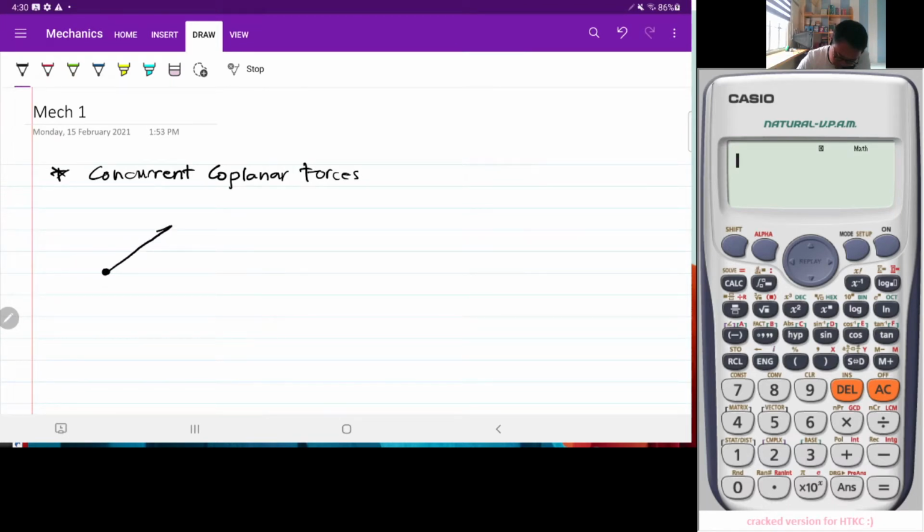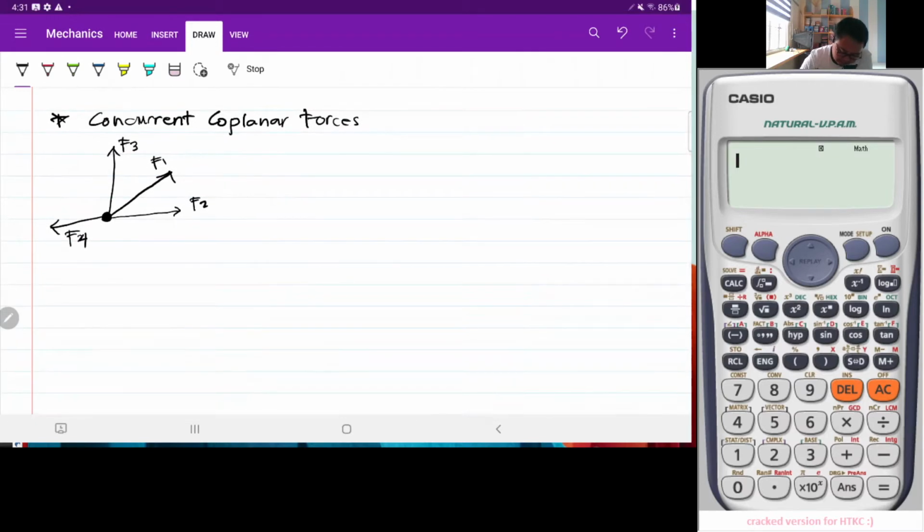So, for example, this is F1 for force 1, this is F2, this is F3, and this is F4, and so on and so forth. So, these are what we call concurrent coplanar forces because we have a common point. This is the common point of the four forces involved. And also coplanar because they are acting in the same plane. Okay, so hope you understand.